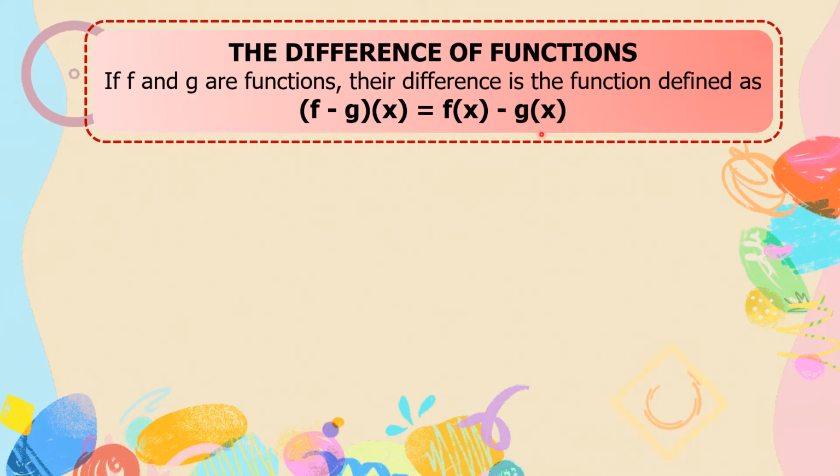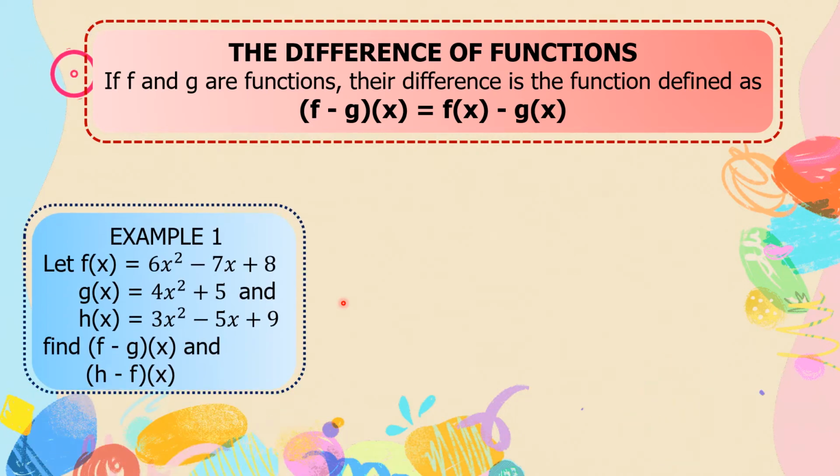So paano ito nakuha? Ay sa pamamagitan ng pag-distribute o pag-multiply ng x sa f minus g. So x times f is equal to f of x minus x times g is equal to g of x. So nakuha natin f of x minus g of x.